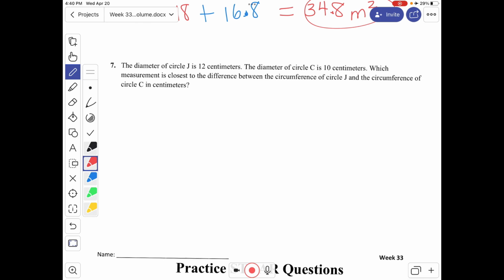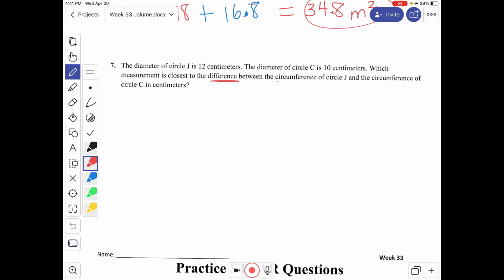Number 7. The diameter of circle J is 12 centimeters. The diameter of circle C is 10 centimeters. Which measurement is closest to the difference between the circumference of circle J and the circumference of circle C? Difference means we're going to subtract.